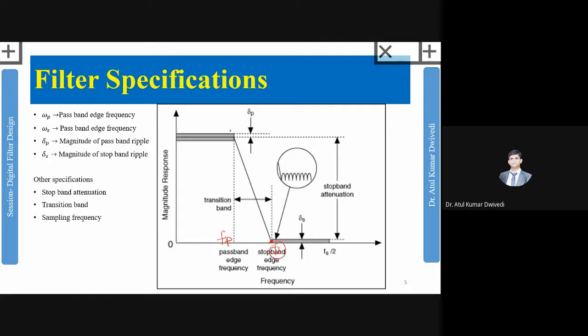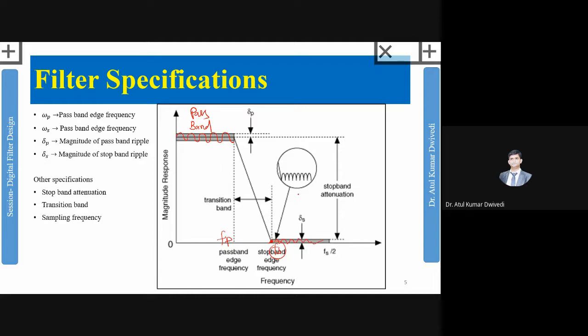And there are ripples in the designed frequency responses of filters. This region is called the pass band, and this region is called the stop band.